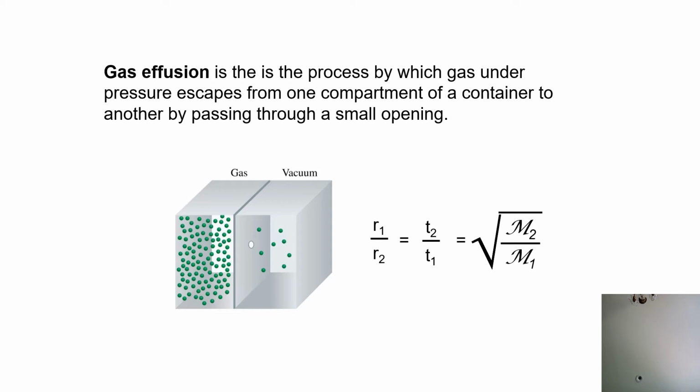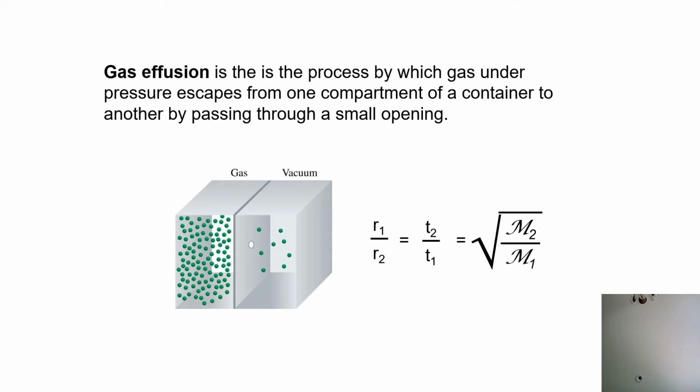Effusion is the process of moving from a region of high pressure into a region of lower pressure. So the gas molecules move just like heat is transferred from a high region to a low region. And Graham recognized that the rate of effusion of a gas is related to its molar mass.